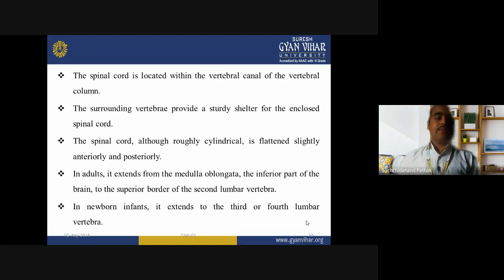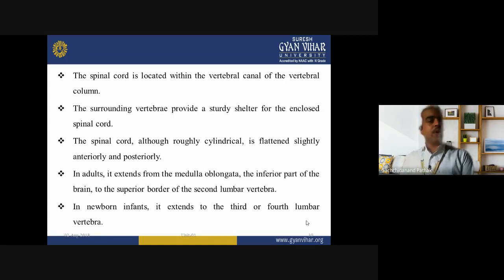So the spinal cord, although roughly cylindrical, is flattened slightly anteriorly and posteriorly. In adults, it extends from the medulla oblongata, the inferior part of the brain, to the superior border of the second lumbar vertebra.